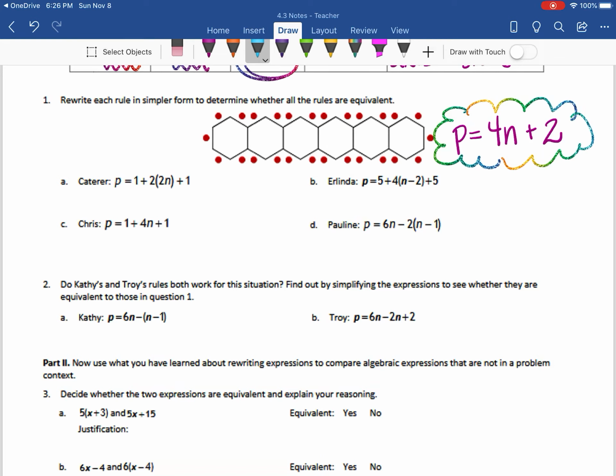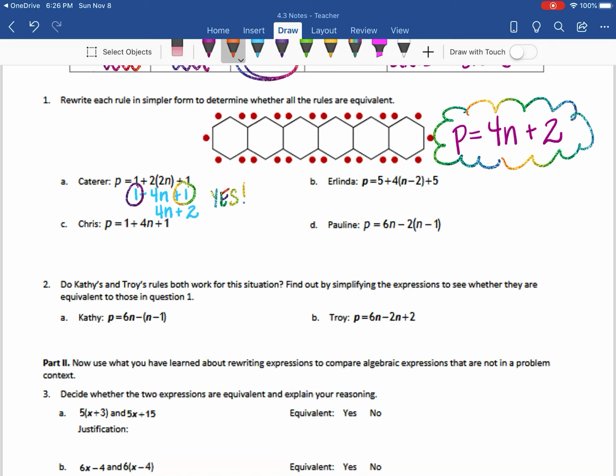So we're going to multiply first, and that becomes 1 plus 4n plus 1. Then we have the 1 and the 1 that are like terms that we can combine. So 4n plus 2. And if we look back up to our rule, that is equivalent. So I'm just going to put yes.